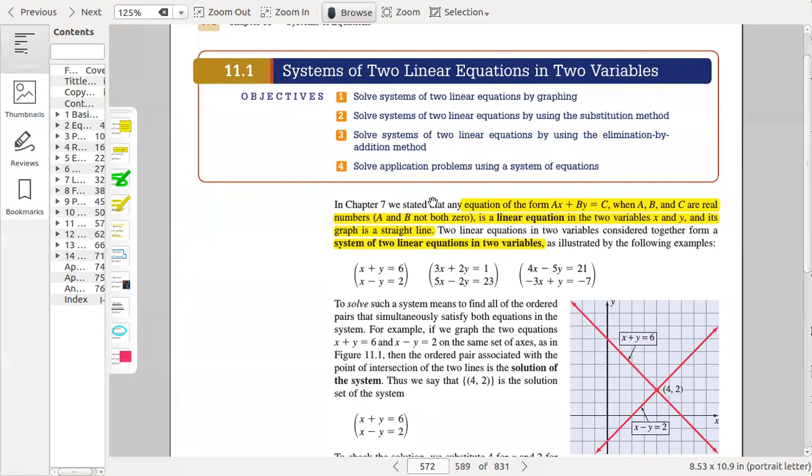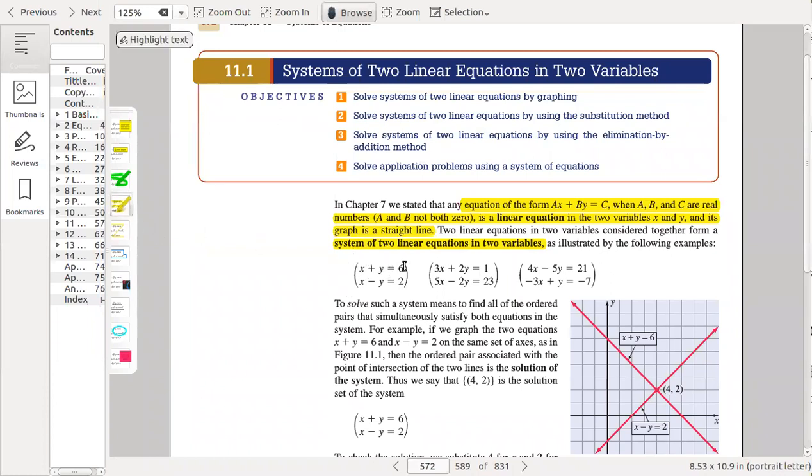So the linear equation in two variables can be written as ax plus by is equal to c. Two linear equations in two variables considered together form a system of two linear equations in two variables. Here are three examples of a system of linear equations.